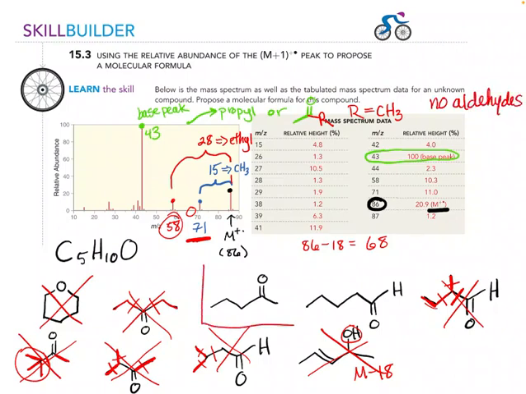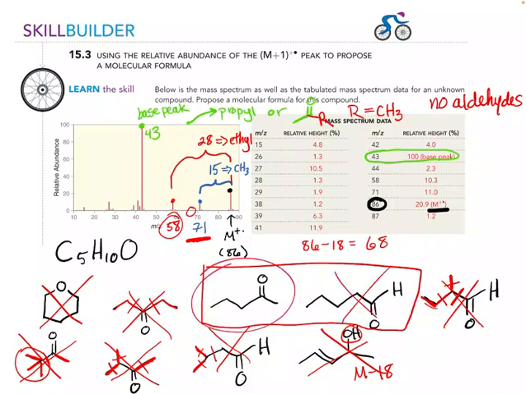Okay, and we did narrow down our molecules to either a ketone or an aldehyde, but now we know for sure that it's not an aldehyde. So our product must be that ketone there. This was a lot of work to narrow down what type of compound we have, but it is possible with just a mass spectrum to figure out the structure of your molecule.